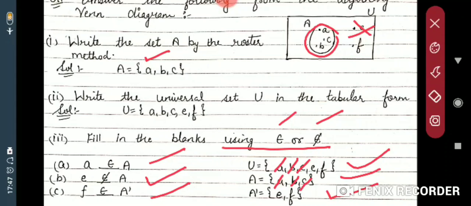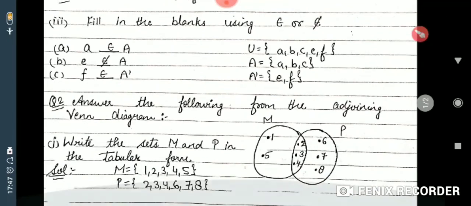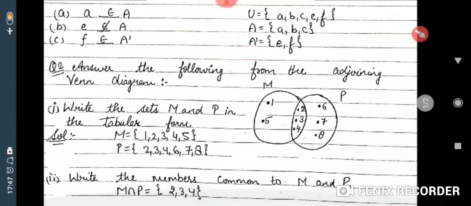What are the remaining elements? E and F. The elements of the universal set that are not present in set A will be the elements of A dash. Just see, E belongs to A dash, F belongs to A dash. Yes, so it belongs. Now next question.